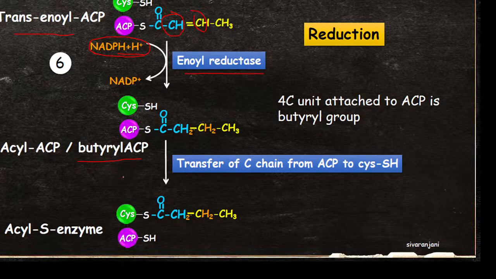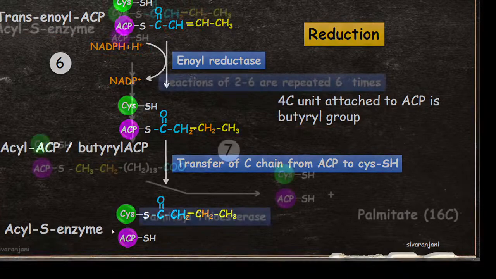At this stage, the 4-carbon unit attached to ACP is a butyryl group. This 4-carbon butyryl group is transferred from the ACP unit to the cysteine group, forming acyl-S-enzyme.